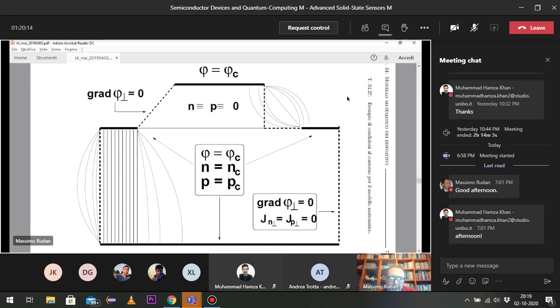So the field is aligned with the dashed line, which also means that the normal component of the field to that line is 0. But this also means that you do know the normal derivative of the potential along that line, okay? So gradient of phi normal equal to 0 is also a good boundary condition, okay?